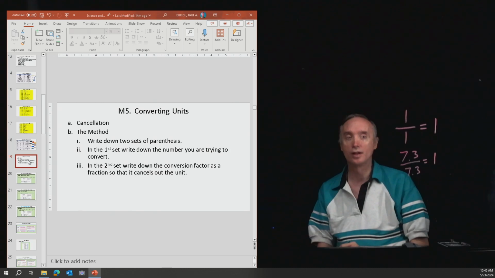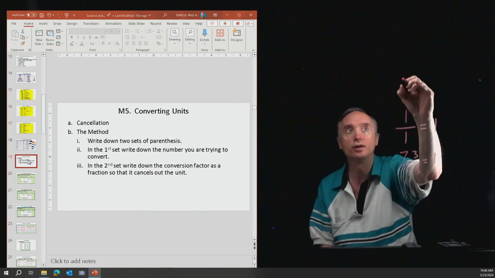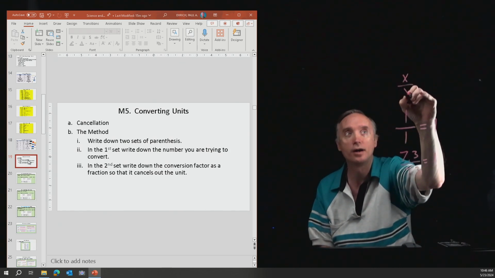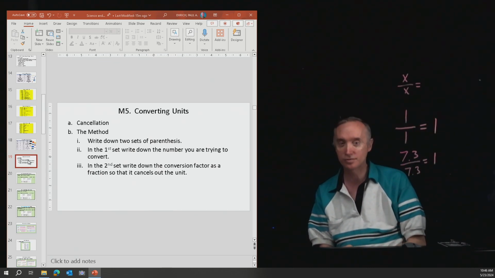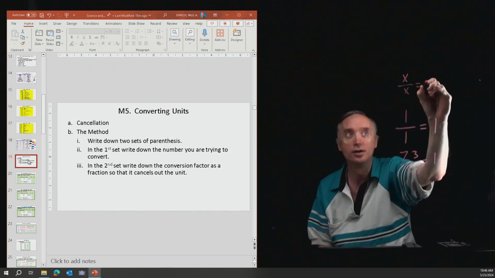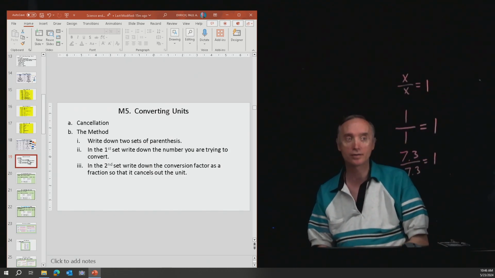What about if we use letters? What would x divided by x be? It's not x. It's still going to be a 1. Okay, what about if it was a unit?